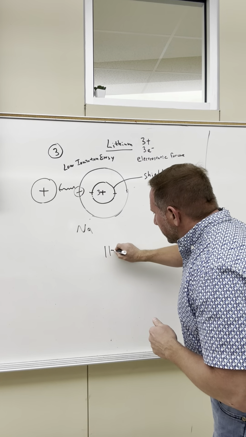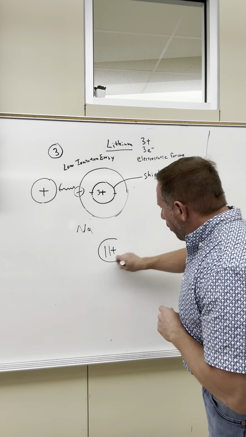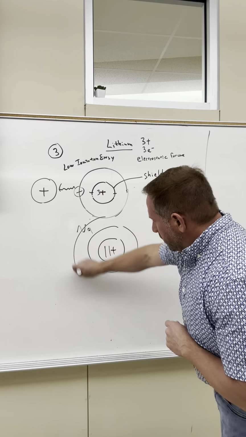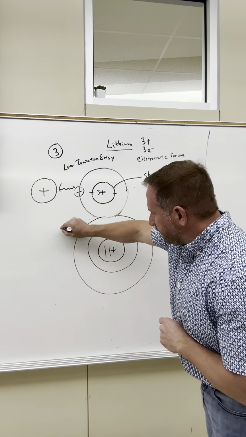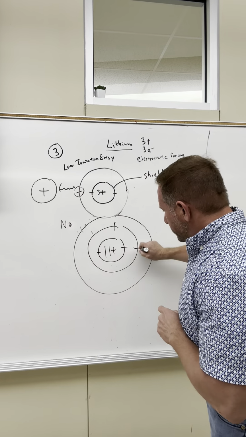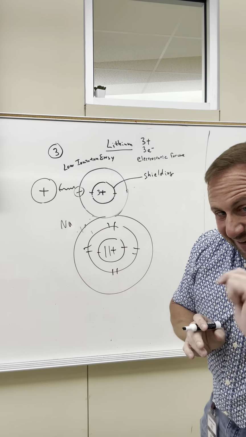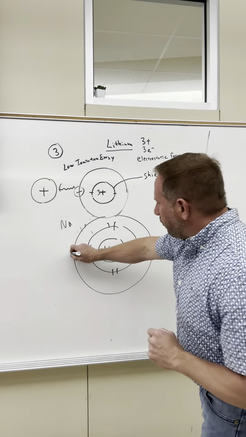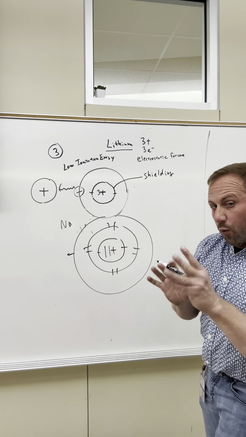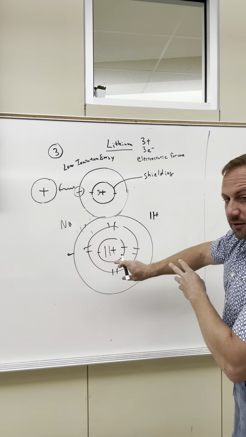Sodium's got 11 protons. Sodium's got 1, 2, 3 shells, 2 electrons in the middle, 1, 2, 3, 4, 5, 6, 7, 8 in the second energy level. And then we have 1 out here. What do we have? We've got 11 protons pulling in.